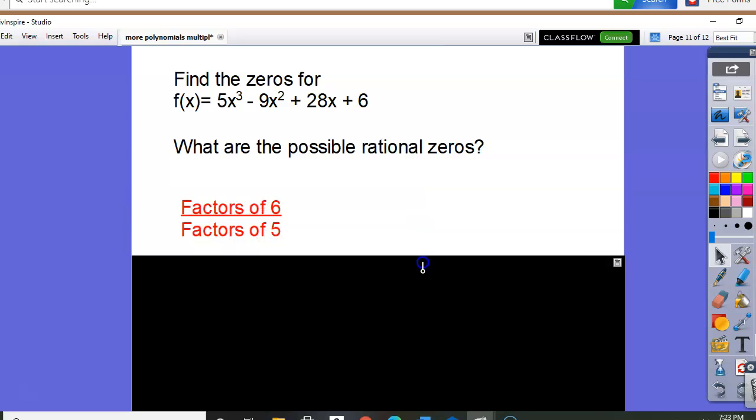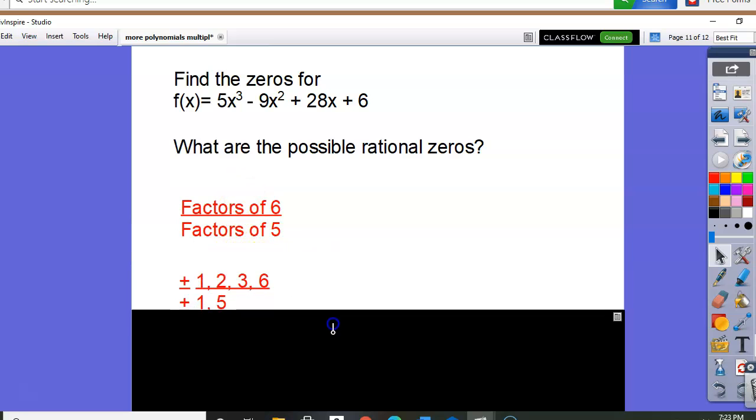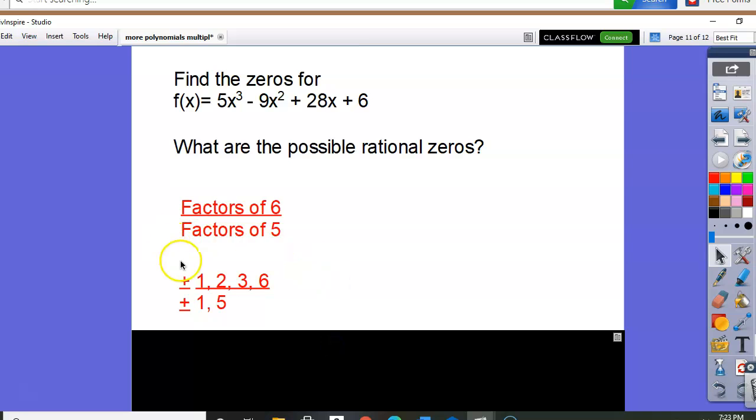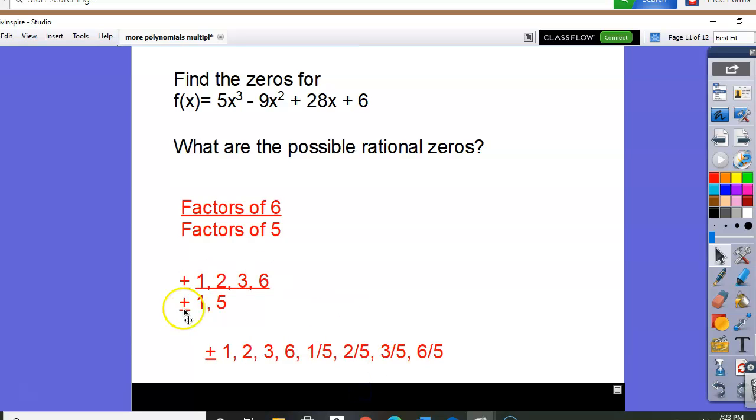Using the rational root theorem, I can take my factors of 6 over my factors of 5. And when I do that, I get 1, 2, 3, and 6, and 1 and 5. So my possible zeros are plus or minus 1, 2, 3, 6, 1 over 5, 2 over 5, 3 over 5, and 6 over 5.